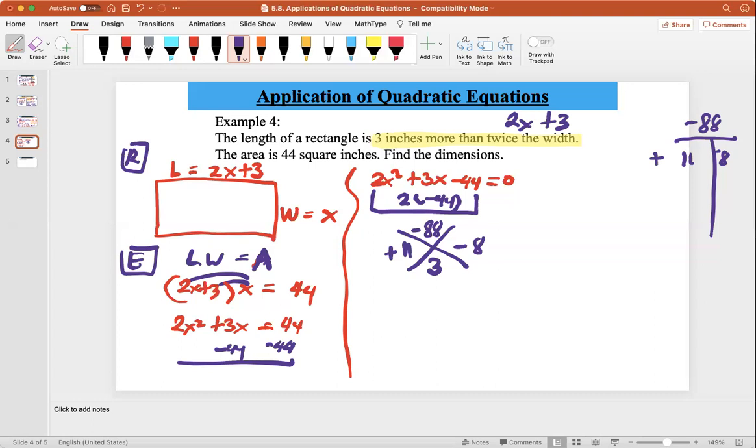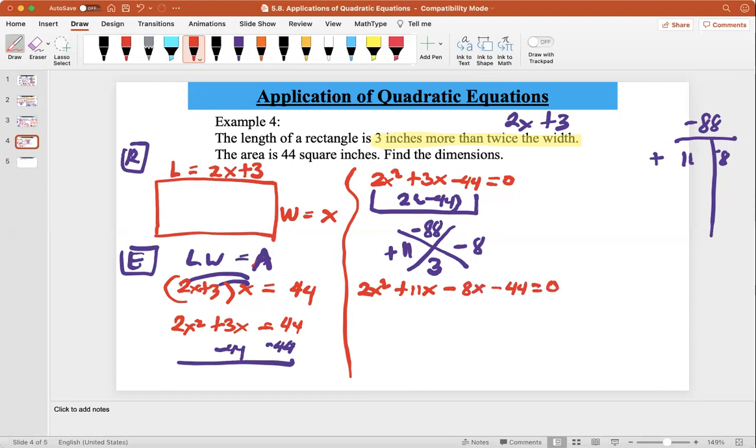Now we factor by expanding 2x squared plus 3x minus 44, and we use factoring by grouping. So we have 2x squared plus 11x minus 8x minus 44 equals 0.